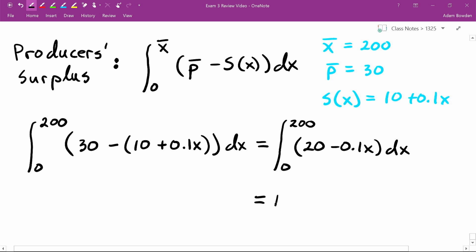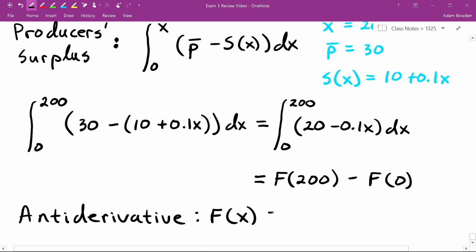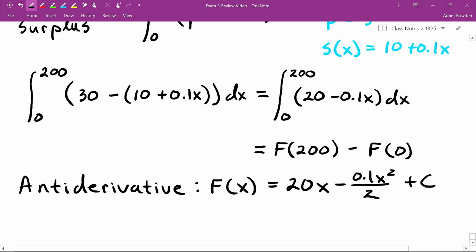Okay, again, we'll find that by doing the antiderivative. Plug in 200 and plug in 0. And let's write down the antiderivative here. The antiderivative, capital F of x, is going to equal 20x minus 0.1x squared over 2 plus a constant c.